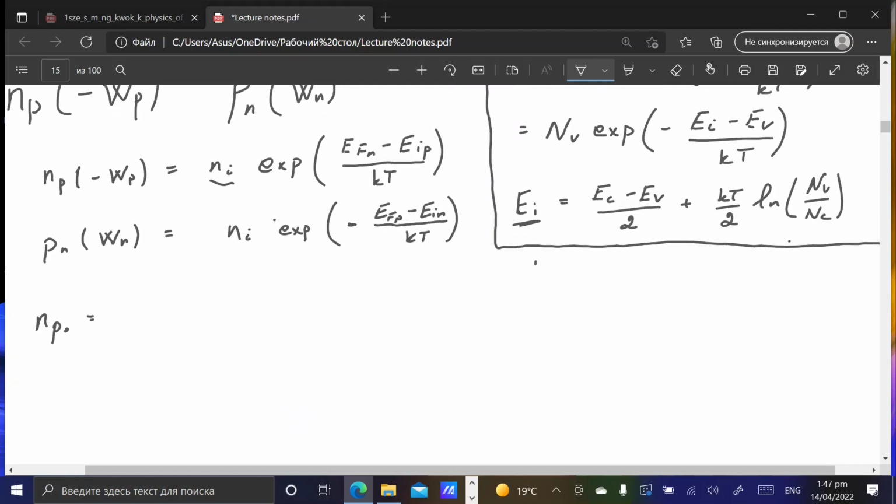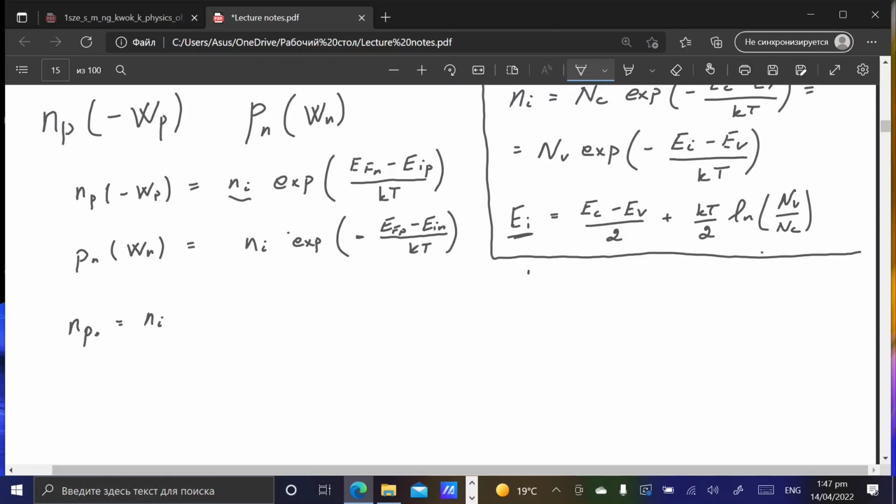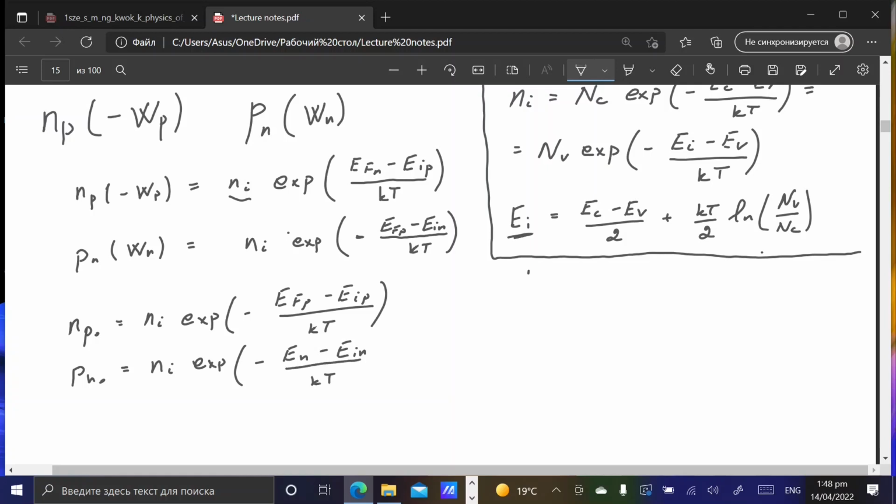It is equal to n_i times exponent minus (E_Fp minus E_ip) divided by kT, and p_n0 equal to n_i exponent minus (E_Fn minus E_in) divided by kT.